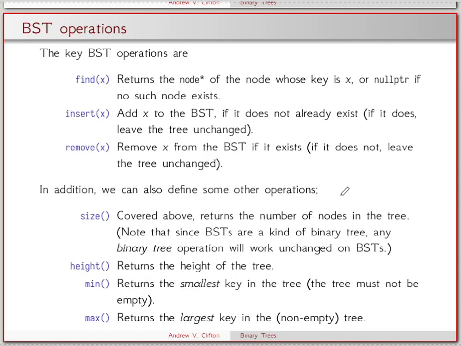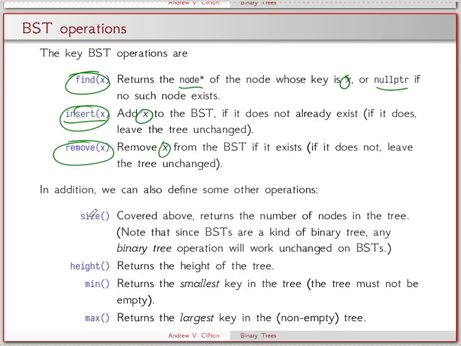The key binary search tree operations that we're going to look at are find, which returns the node pointer of the node whose key is X, or a null pointer if that doesn't exist. Insert adds X to the tree, as long as it doesn't already exist. If it does exist, then we don't change the tree because we don't allow duplicates. And then finally remove, which removes X from the tree if it exists. If it doesn't exist, then nothing happens.